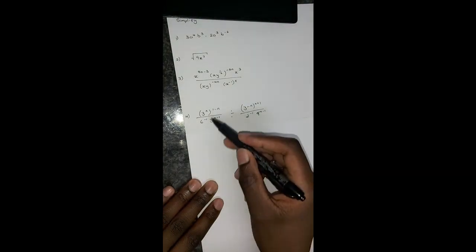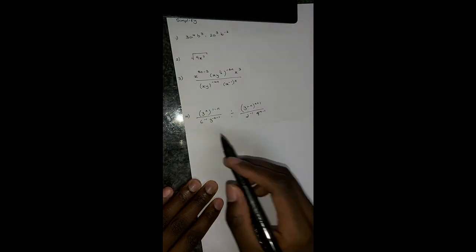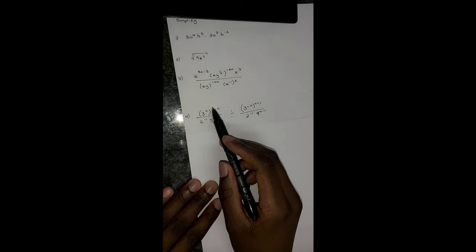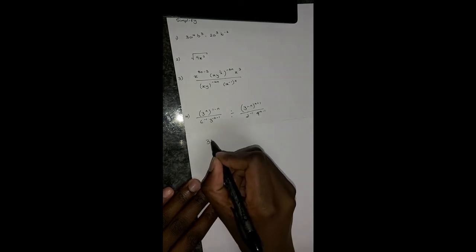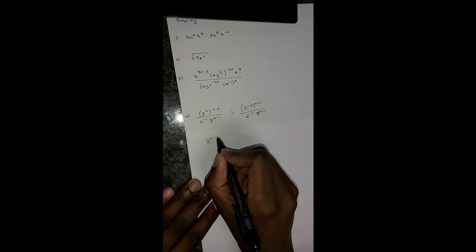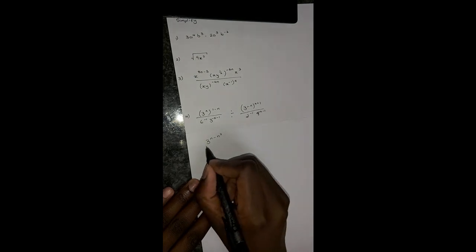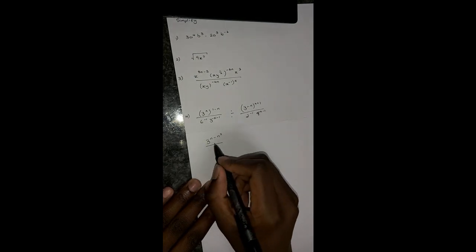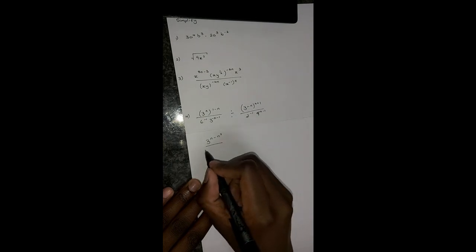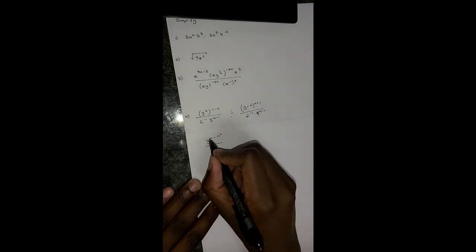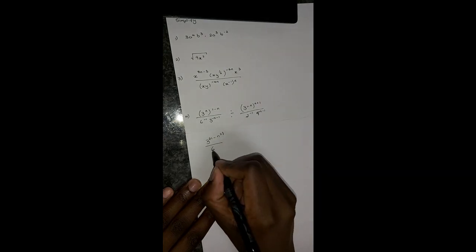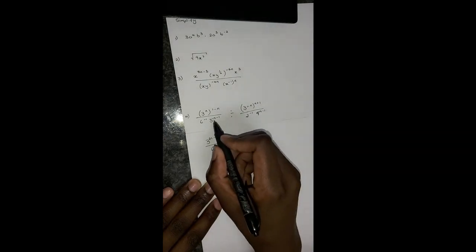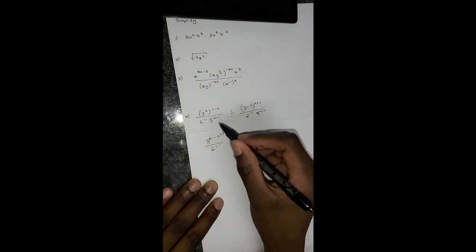Okay, so this side, I'm going to first of all simplify over here. So that will be 3 to the power of n minus n squared over 2, do it like that, then 6 to the negative 1. And then over here, we have a 3.